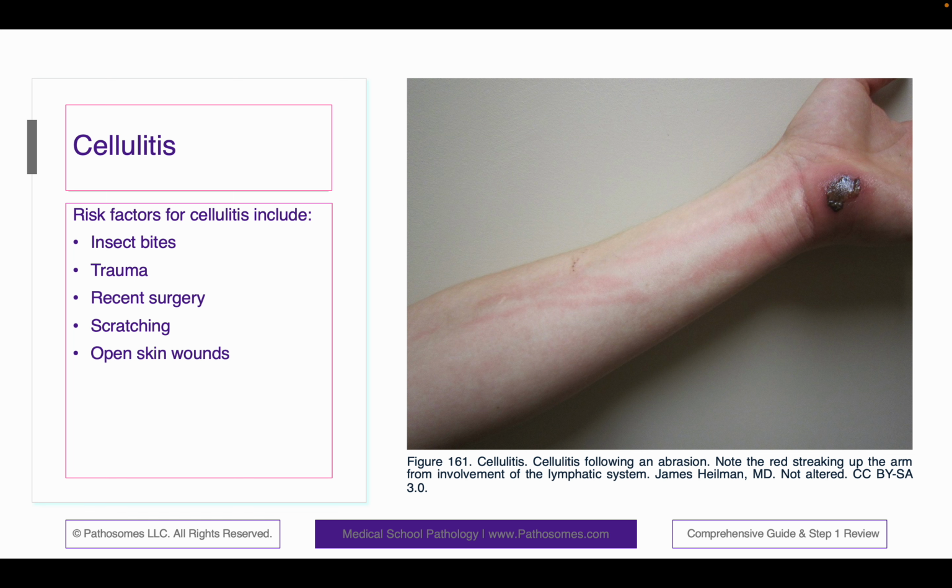Risk factors for cellulitis include insect bites, trauma, recent surgery, scratching, and open wounds. To the right here, we can see a picture of a patient's left arm showing cellulitis following an abrasion. Note the red streaking up the arm from involvement by the lymphatic system.